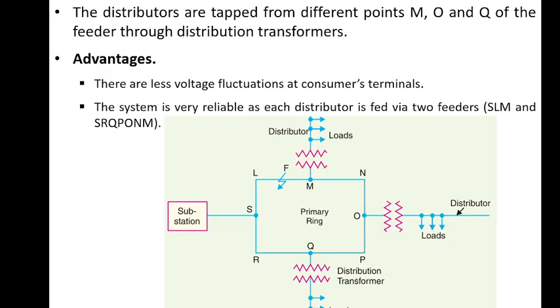So one major advantage of this system is that it results in minimal voltage fluctuation at the customer's terminals, providing more stable and consistent power supply without any interruptions.